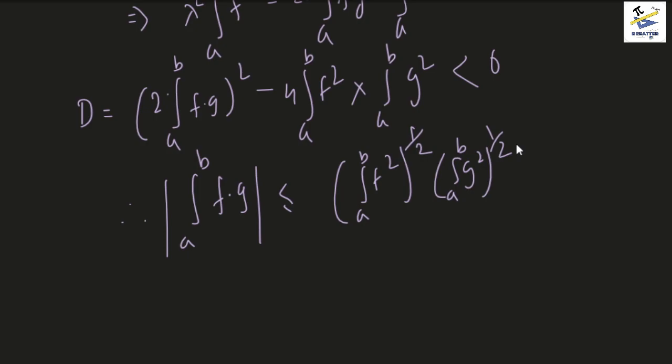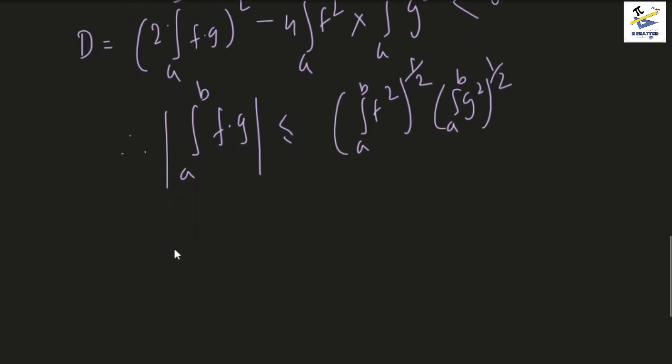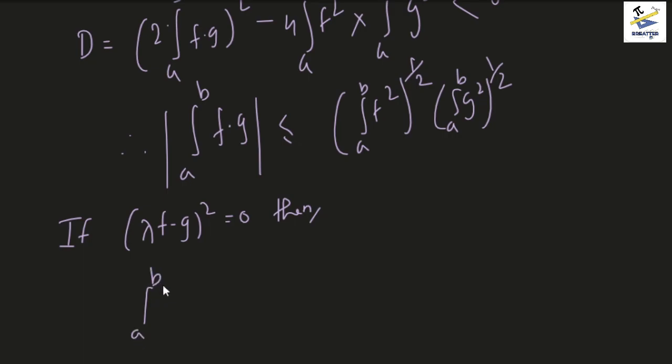So this should be our required result, and the equality part comes from the fact that f and g are multiples. That is, if lambda f minus g whole square equals 0, then obviously the integral from a to b of lambda f minus g whole square equals 0.